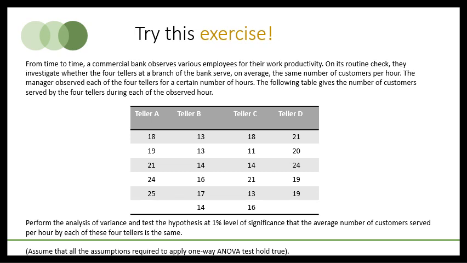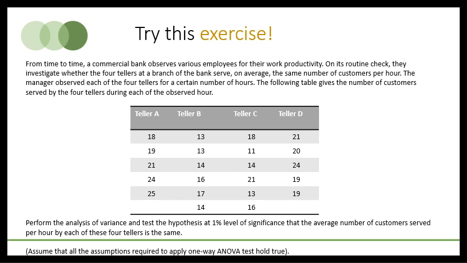Teller A, teller B, teller C, and teller D. For the question, perform the analysis of variance or ANOVA and test the hypothesis at the 1% level of significance that the average number of customers served per hour by each of these 4 tellers is the same. Assume that all the assumptions required to apply the one-way ANOVA test hold true.